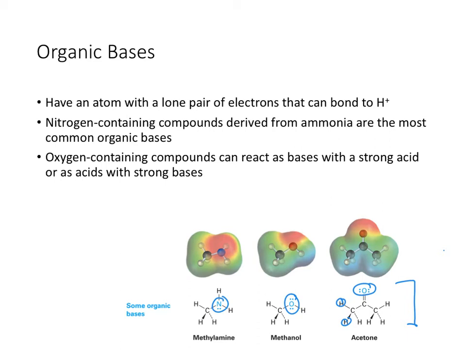So if a compound could act as an acid or a base, the function that it will take depends on what it's reacted with. So oxygen-containing compounds can react as bases if they're paired with a strong acid, but they could also act as acids if they're paired with strong bases.